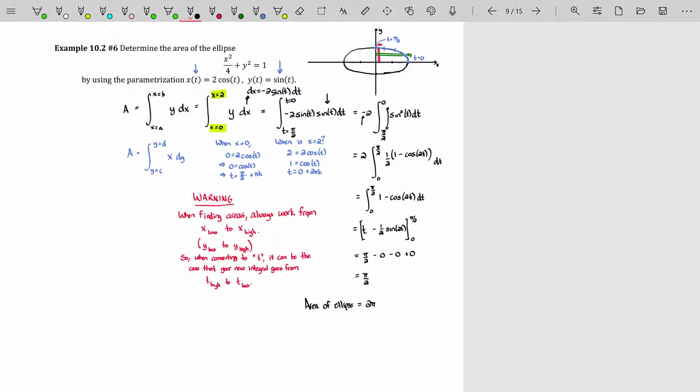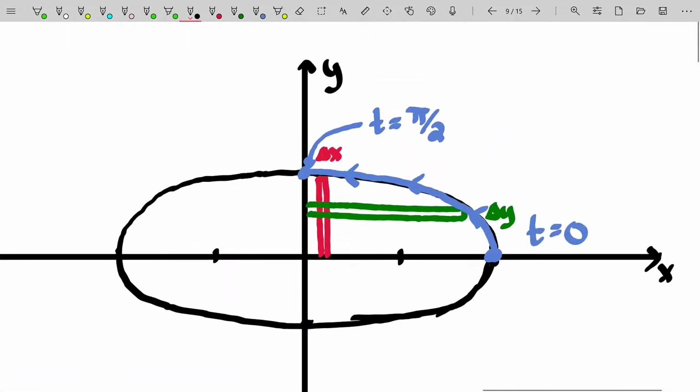Great. But what if you want to integrate with respect to y instead? What if you want to take a look at that? I'll go ahead and move this down so we have some room to work. First of all, if I want to integrate with respect to y, I'm going to start at y equals 0 and go all the way up to y equals 1.